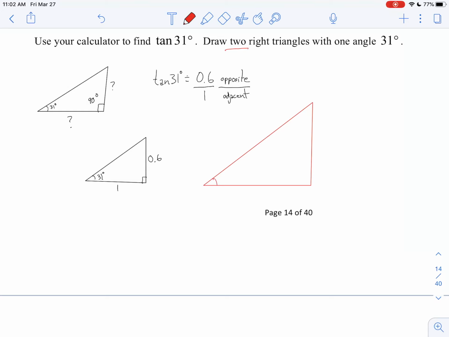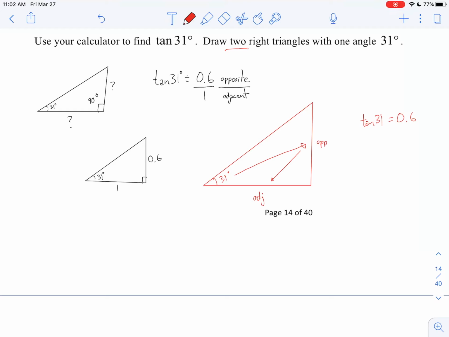So if this is 31 degrees, I know tan of 31 needs to equal 0.6. So when I divide my opposite, so this is my opposite side, I'm going to call it OPP for short. I divide my opposite by my base, or my adjacent, ADJ for short.